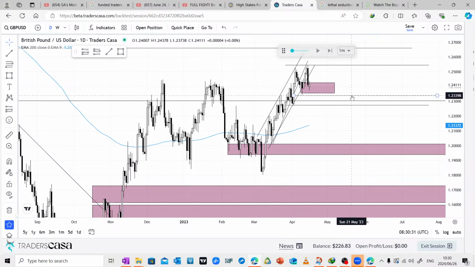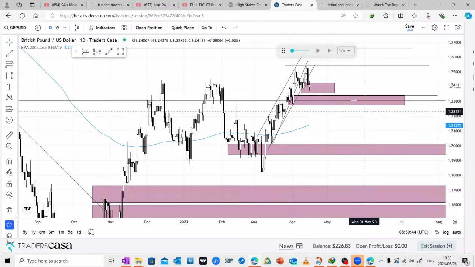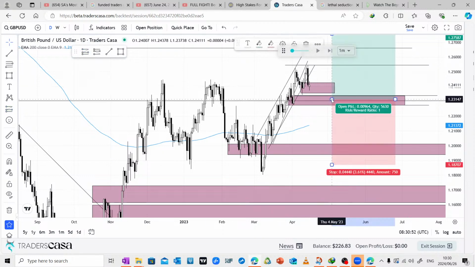So these are the highs and the lows. And then right there you can see we create that fair value gap in it. So if the market retraces down in here, I'll be bullish. I'll go long in that region.